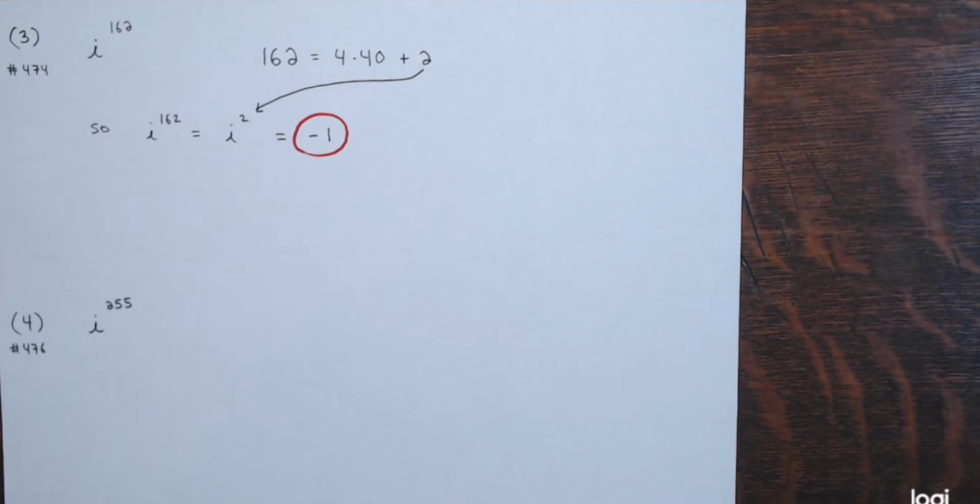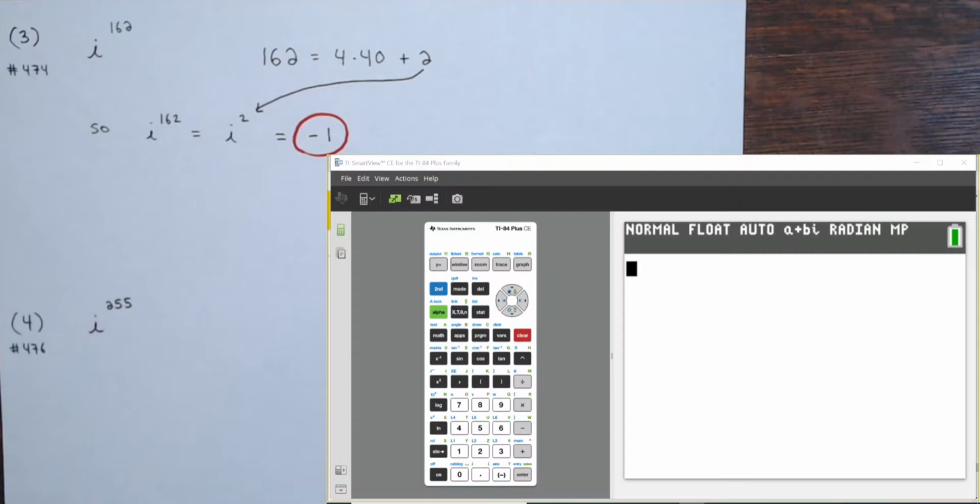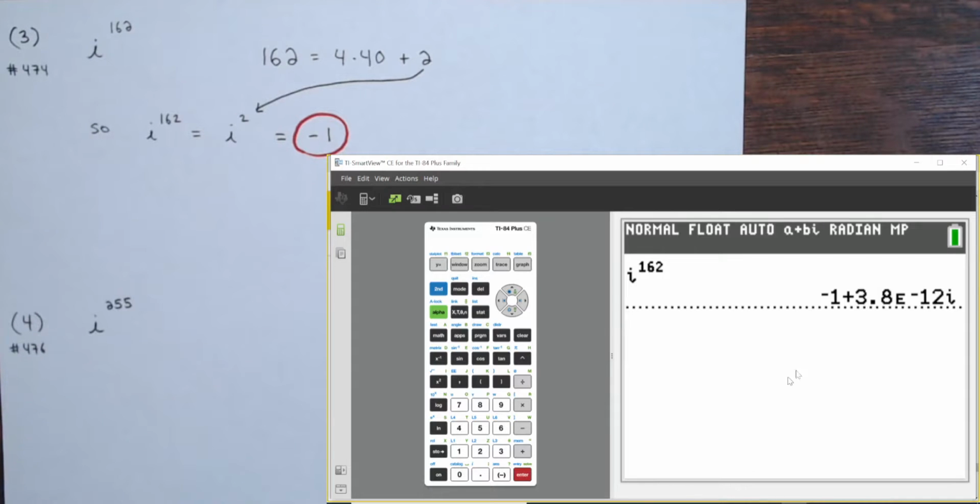And then once again, since it's short, I'll check with the calculator. i raised to the 162 power is, see, the power is throwing this off, but look at this, don't be alarmed by this stuff. 3.8e-12 i. Remember, e-12 means times 10 to the -12.